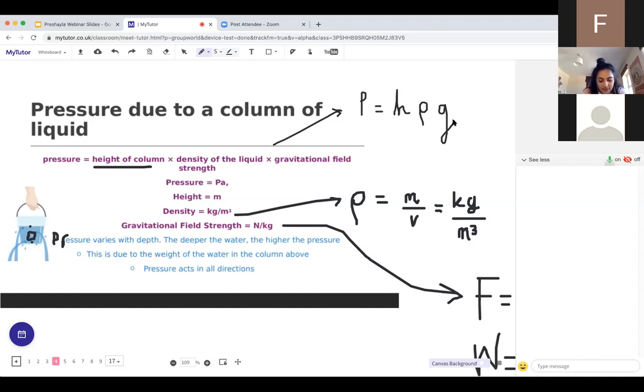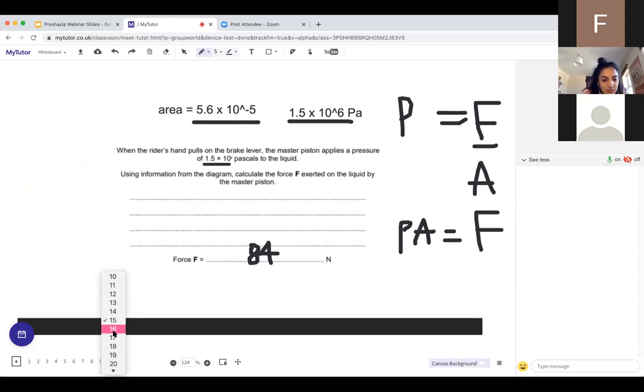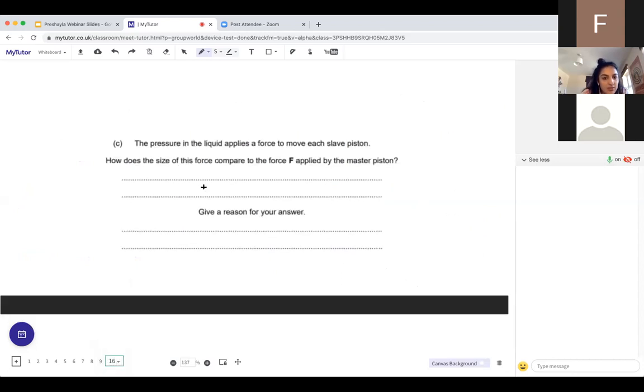Can you go back and re-explain the question after the master piston one? I think this is the one that you mean. Yeah, so the pressure in the liquid applies a force to move each slave piston. How does the size of the force compare to the force applied by the master piston? So how does the force compare from the slave piston to the master piston?